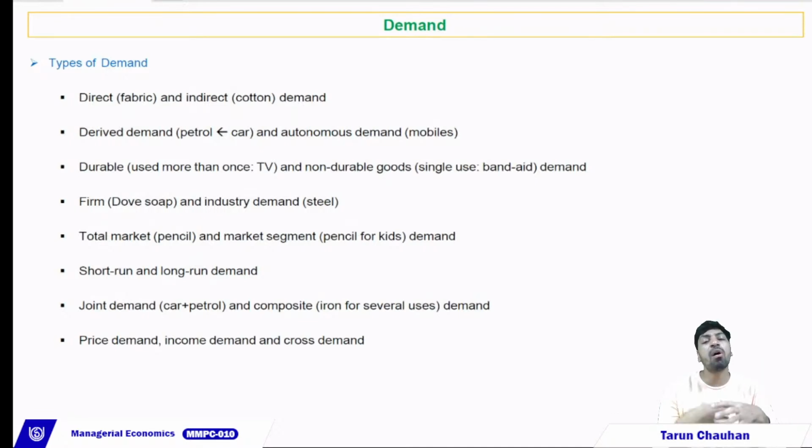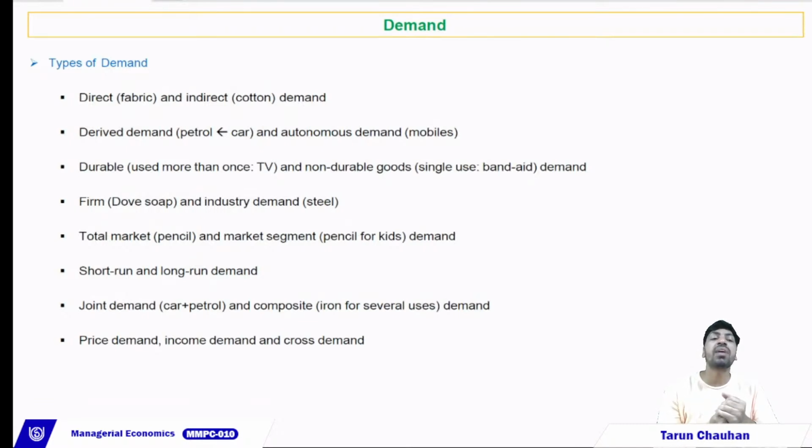Every company launches new versions, new products of its own mobiles. As a result, human beings also have a demand or natural desire to consume or buy that product, that is mobiles, and that's called autonomous demand. So there is a difference between these two terms. Autonomous has natural desires. Derived demand doesn't have natural desires.